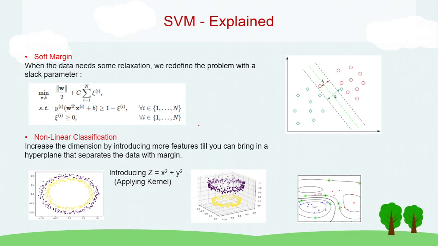So nonlinear classification. How do we do that? We have seen earlier the data can be of any size and shape, scattered in any way, correct? So in this case, if you see here, we cannot do linear. So we are trying to introduce another space, or another dimension, called z equal to x square plus y square, making use of the same data.